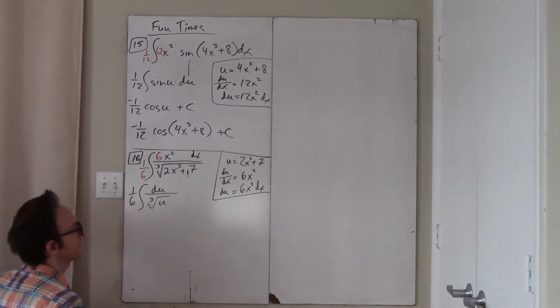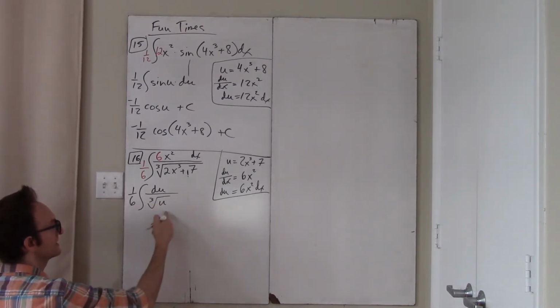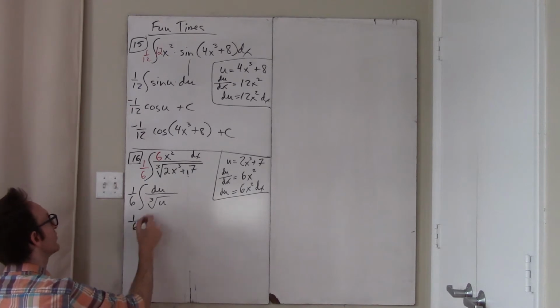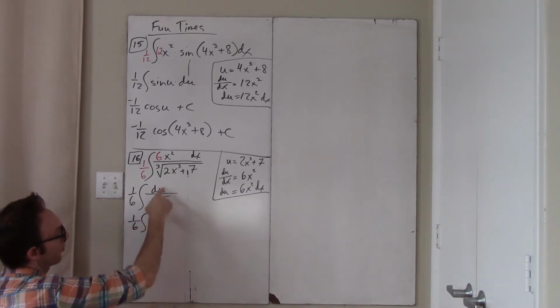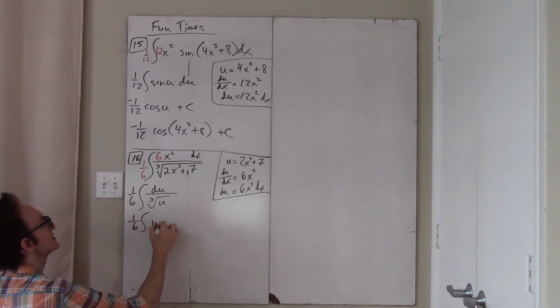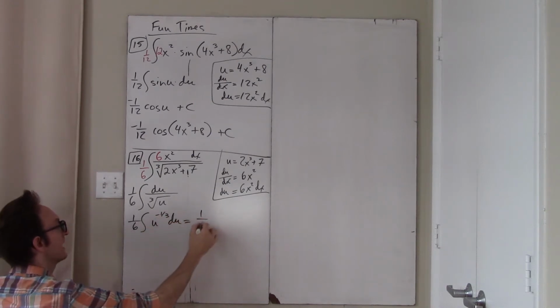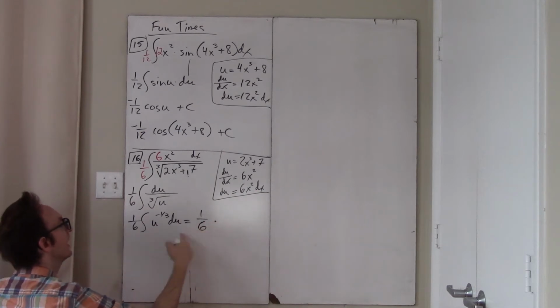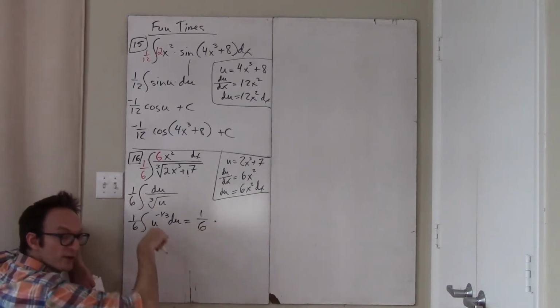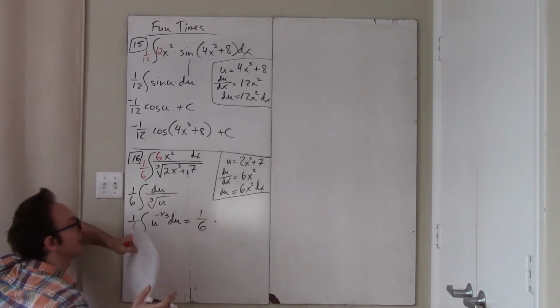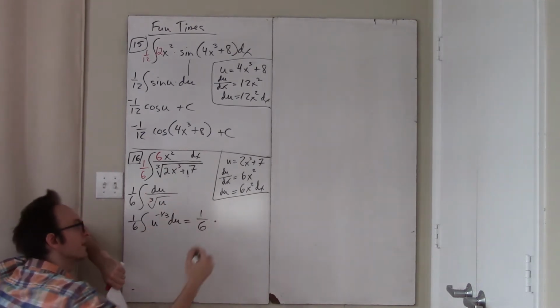Okay, I think it's important to rewrite that in antidifferentiation friendly form. So that's 1/6. What is 1 over the cube root of u? Well, that's just u to the negative 1/3. And writing it that way makes it more clear what's going on. What's the antiderivative of u to the negative 1/3? Well, you go up a power to u to the 2/3, and you divide by 2/3.